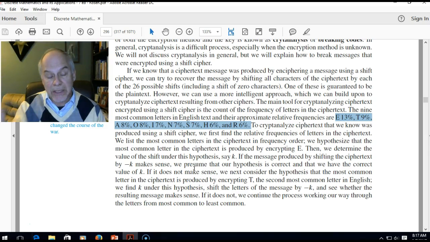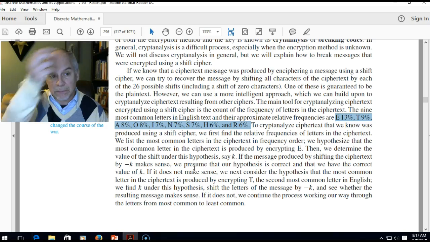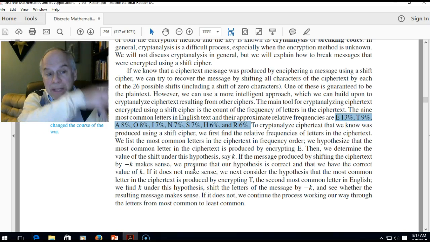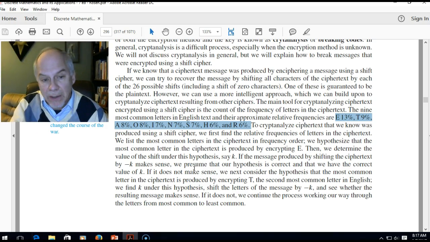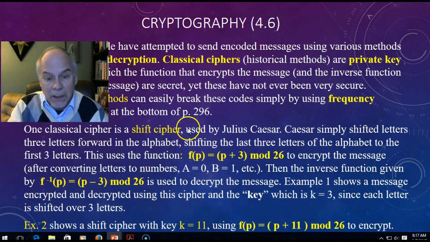So if G is the most common encrypted letter, then G probably coincides with E. In other words, E got encrypted as G, and likewise for all the other letters.